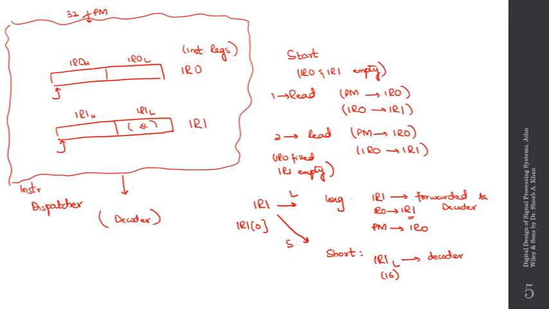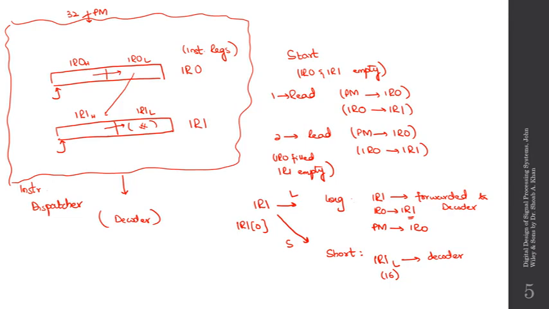We'll be moving the higher part of IR1 to the lower part of IR1. We are left with this space. The higher part of IR1 is empty. We'll move the lower part of IR0 to the higher part of IR1, and we'll move the higher part of IR0 to the lower part of IR0.